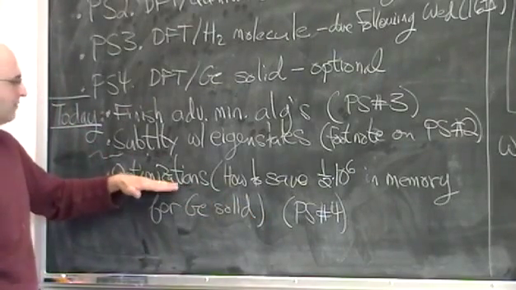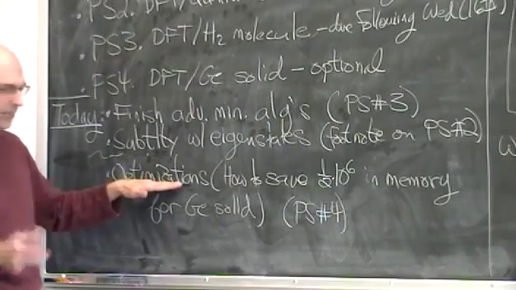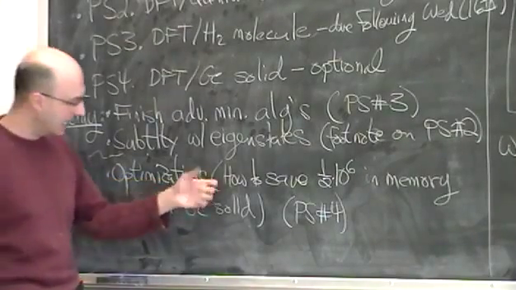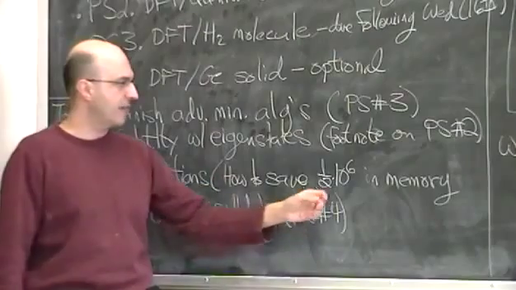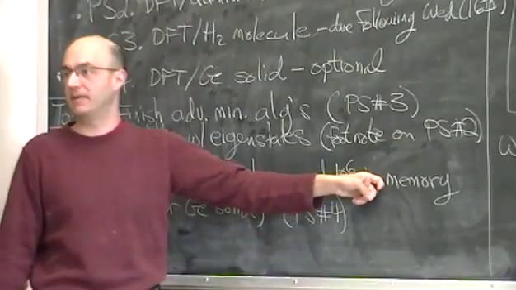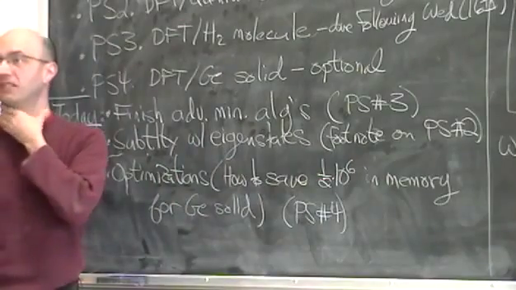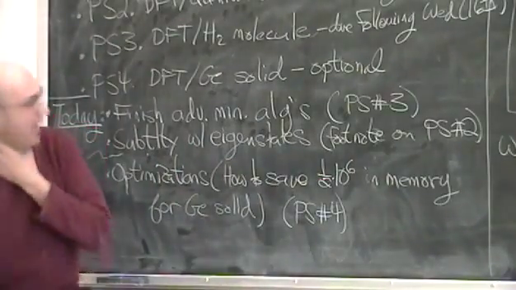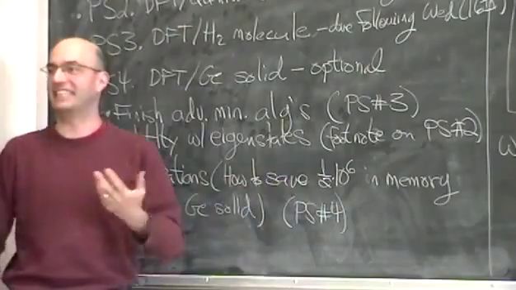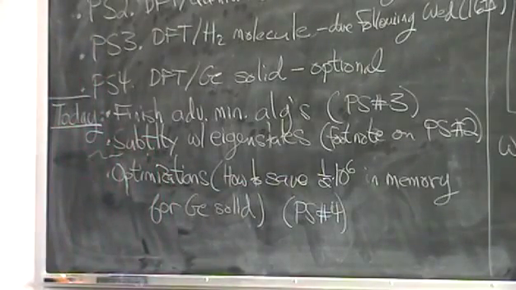And basically what it's going to boil down to is two different tricks that are going to allow us to save a factor of about 500,000 in the memory requirements for carrying out that germanium solid calculation. So it's quite substantial. You can imagine, we're probably going to need this to get that germanium thing on there if it's going to be 1,000,000 times more than we could handle currently.